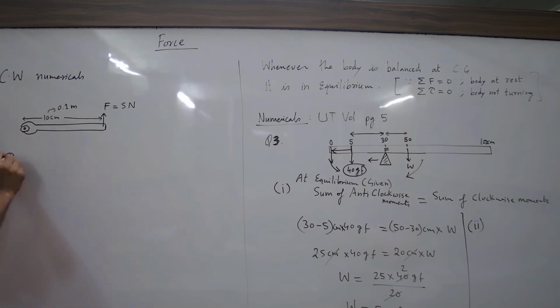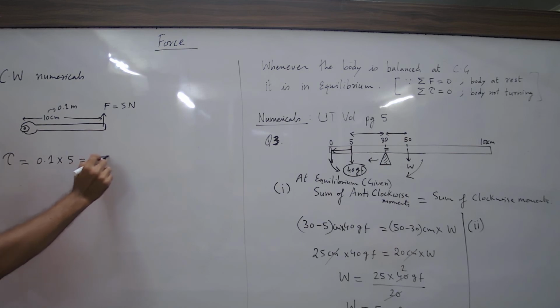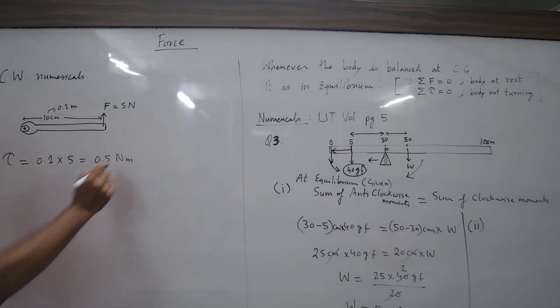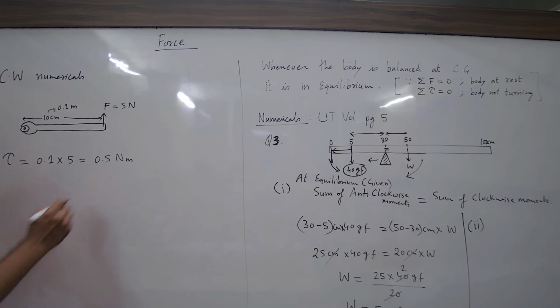Therefore, moment of force will be 0.1 into 5, which is 0.5. Right? So for this diagram it will be anti-clockwise. But you need not mention because it is not asked, or the situation is not shown, so it's okay.